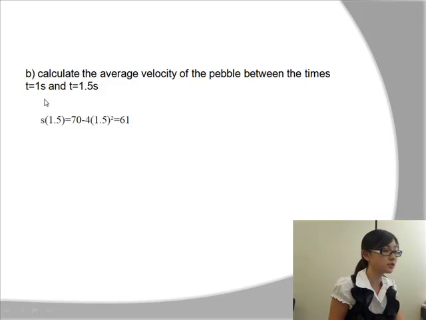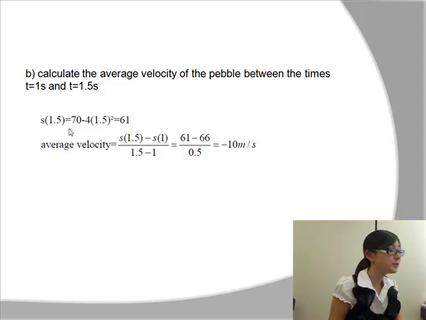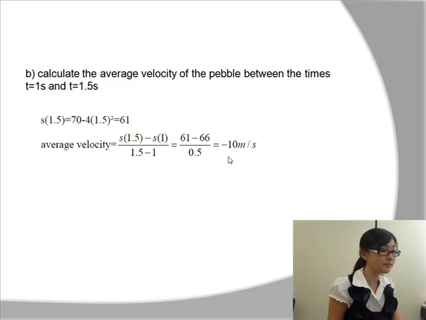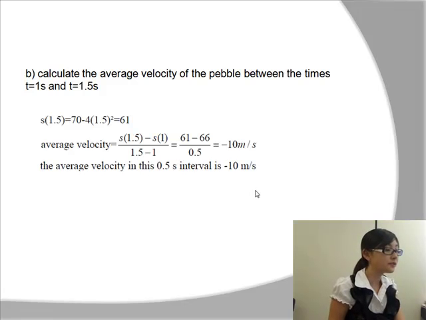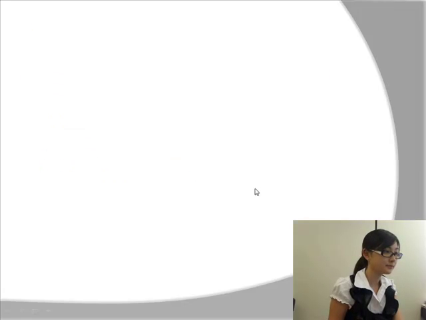We already know that t equals 1 second is equal to 66 meters above the ground. So we plug it into the equation of average velocity, which will give us s of 1.5 minus s of 1 divided by 1.5 minus 1. And that will give us negative 10 meters per second. So the average velocity in the 0.5 second interval is negative 10 meters per second.